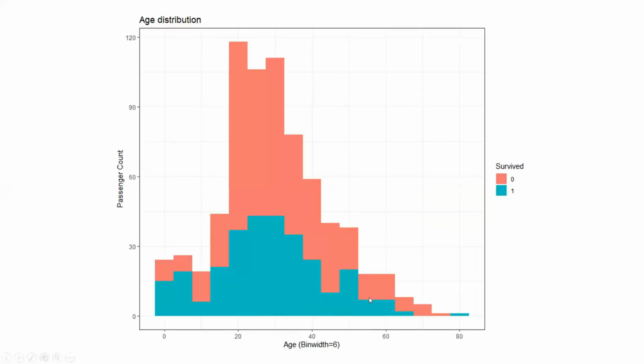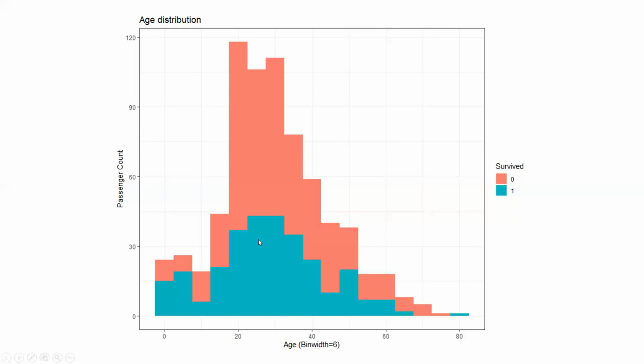Age-wise distribution, let us see how many. If you look age-wise, those who died, their ages were like this in number. So if you see on the latter half, those who were aged, they died. Only there is one person with the age 80 who survived. Otherwise, you see 65 plus people, they preferred to stay there rather than saving their life.